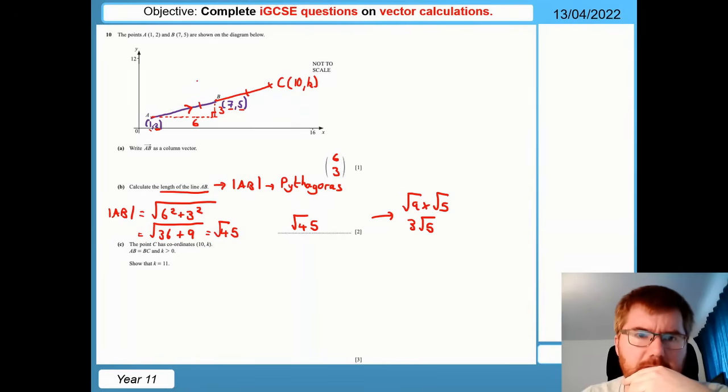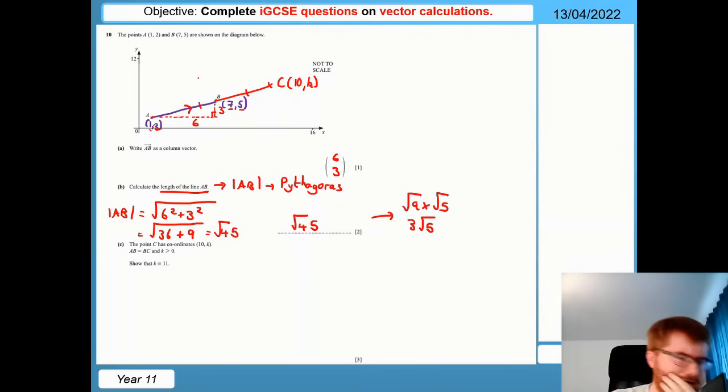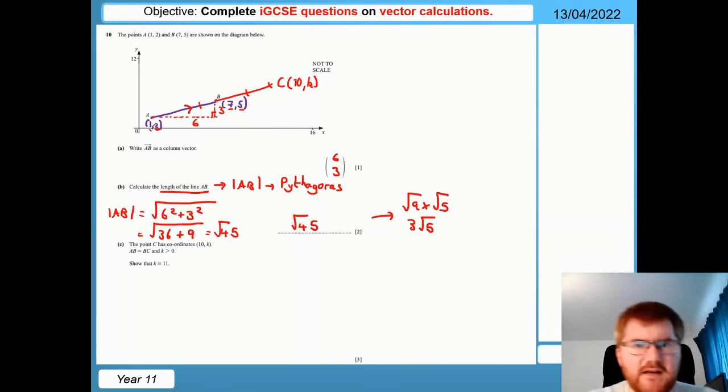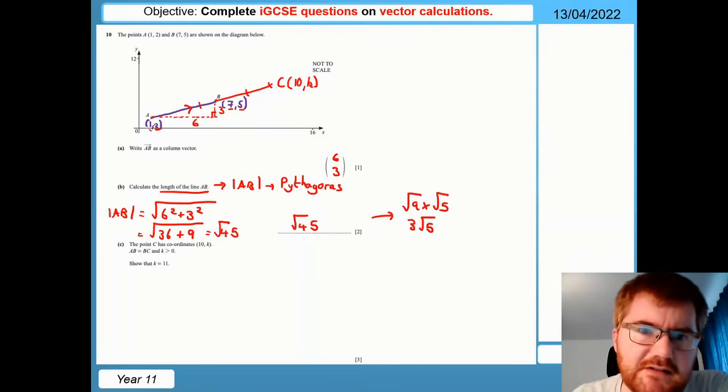Okay, so there's a couple of ways we can do this. We need to show that k is equal to that. Right, so let's have a think. Right, so we can actually work out the distance in terms of k here. So imagine I draw a right angle triangle.